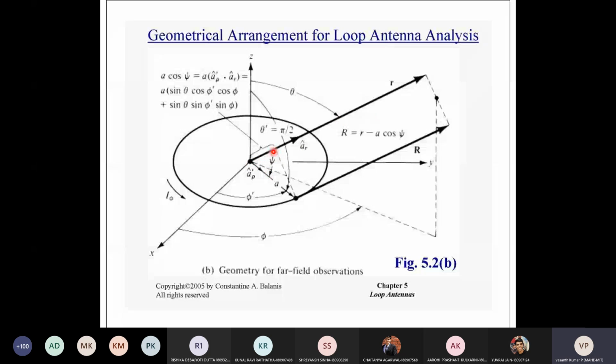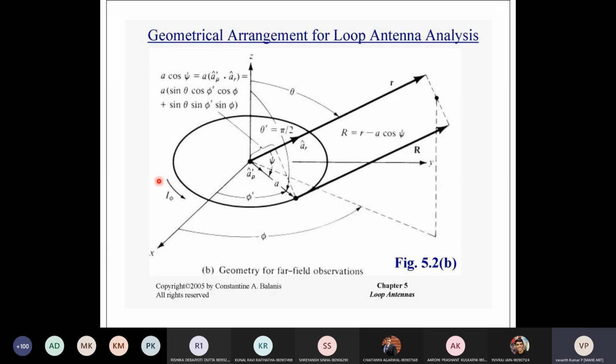So capital R is nearly equal to r minus a cos psi. Any questions on this diagram?